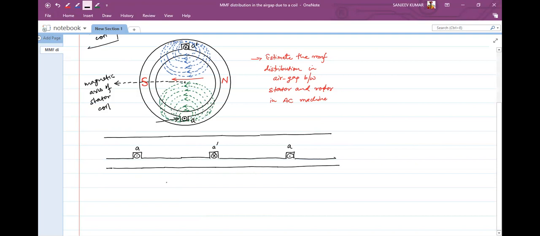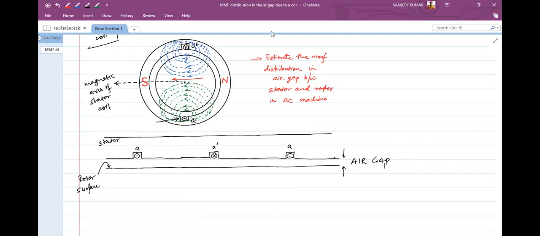It means it is a stator, and this is the rotor surface. And what is this? This gap is your air gap.